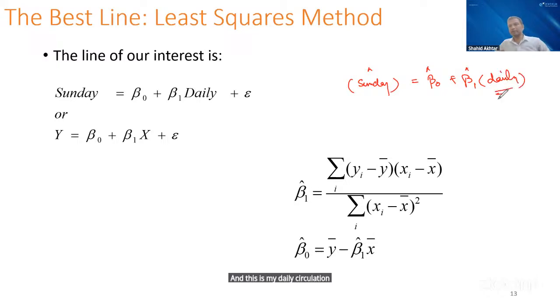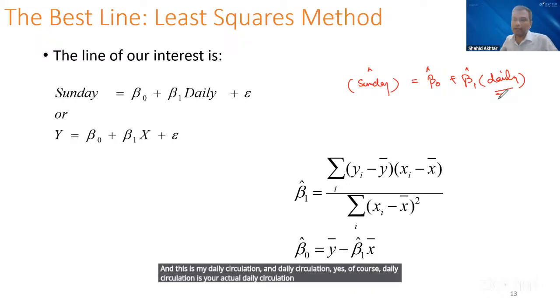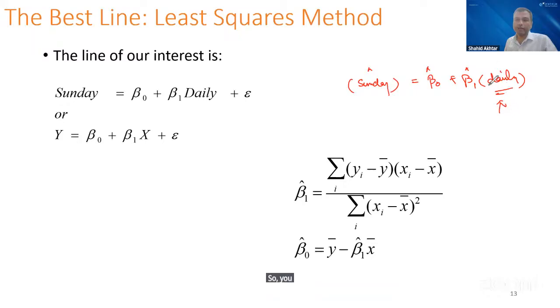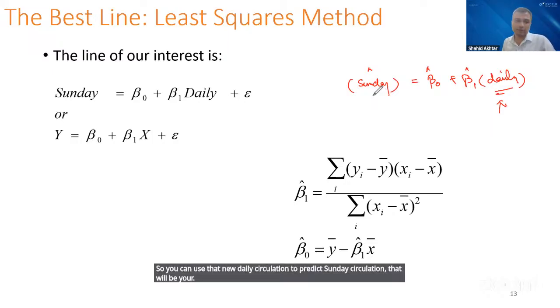Daily circulation is of course your actual daily circulation. If you have any new daily circulation, you can use that new daily circulation to predict Sunday circulation. That will be your predicted value, not actual value.